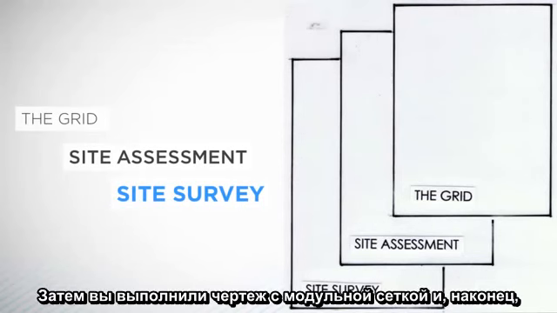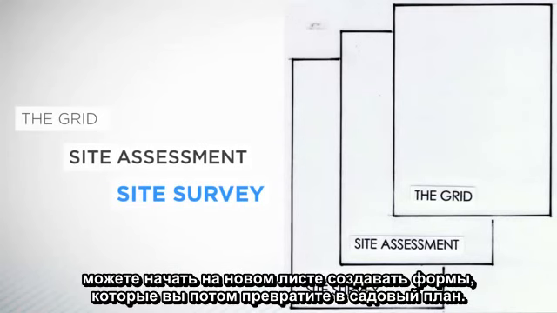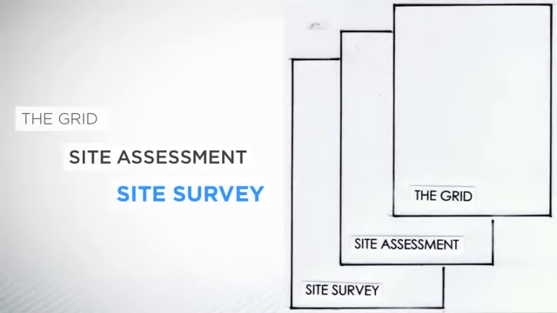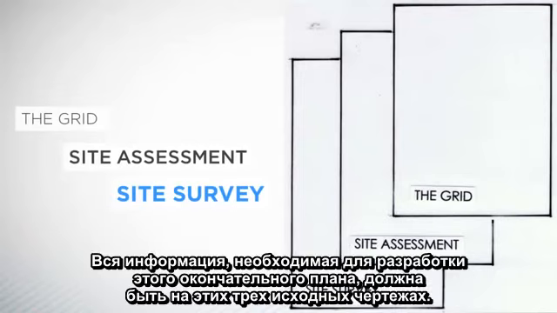And then you would have created a grid system drawing, and at long last you could now start making patterns which you turn into a garden plan on a new sheet. All the information you need to evolve this final plan should be within these 3 initial drawings.